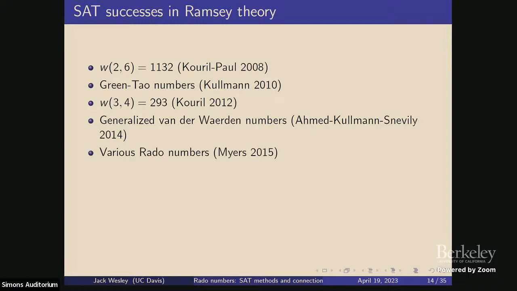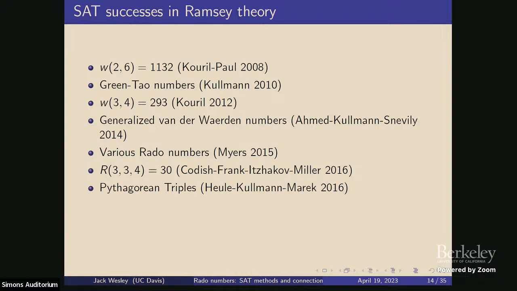And Myers, in his thesis, did a very systematic study of Rado numbers and used a lot of computational techniques that included SAT. And there's also, I did not define this, but this 3-color Ramsey number also used a bit of SAT in it. And then the last 3 are most relevant for our results. The Pythagorean triples problem, that was the Rado number for x squared plus y squared equals z squared, the two-color case.